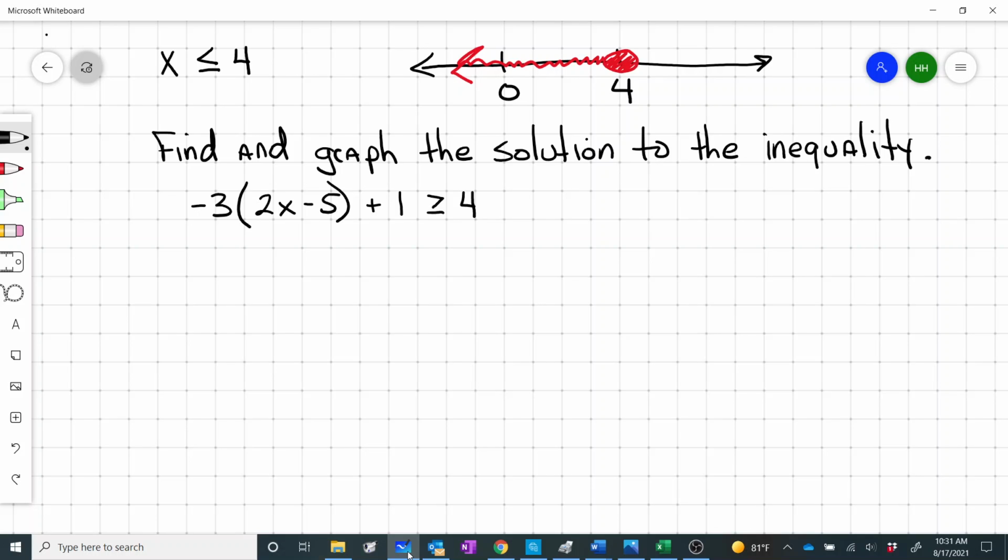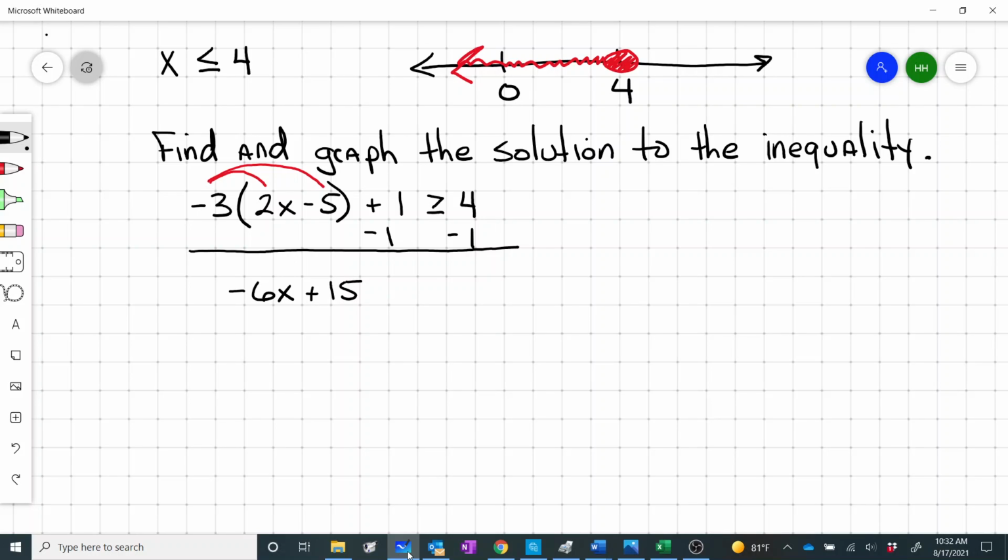Alright, so in this first round here, I'm going to do a couple of steps. I'm going to distribute this negative 3, and I'm going to subtract 1 from each side. So the negative 3 times the 2x is negative 6x. The negative 3 times the negative 5 is positive 15.